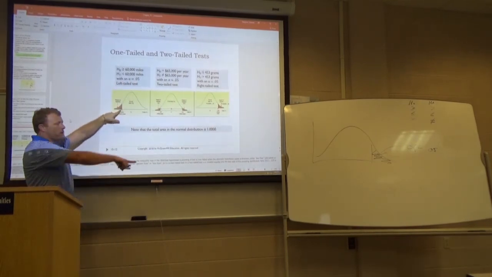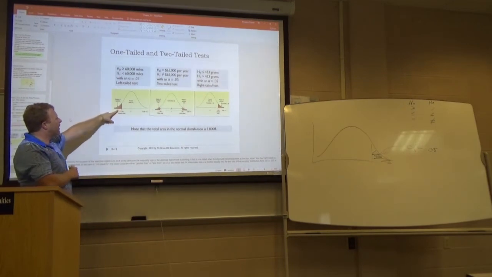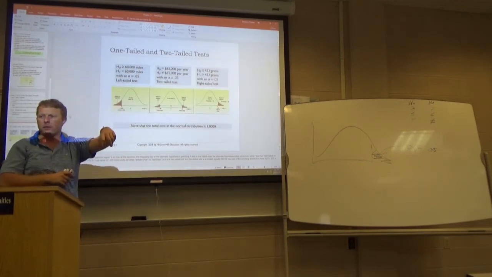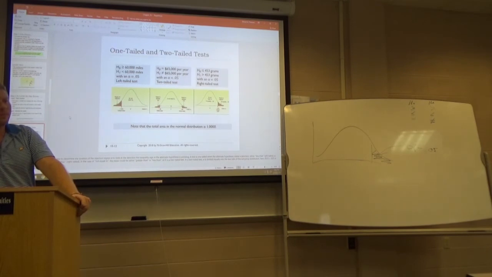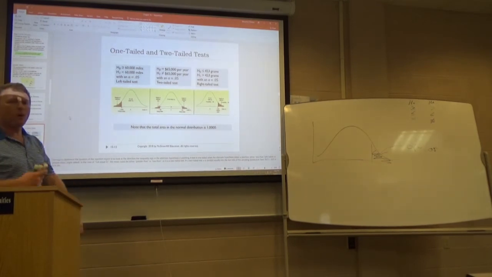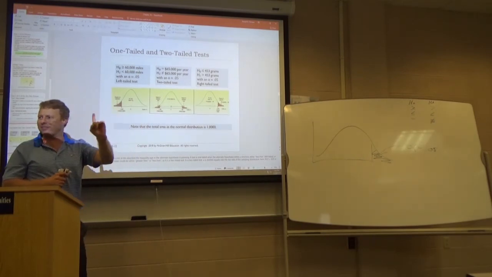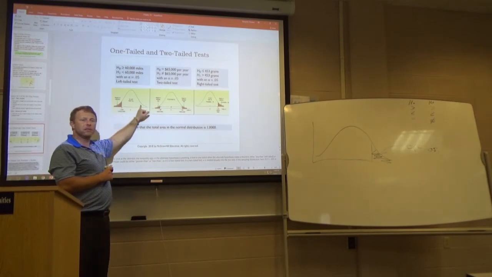Now, why in this one, remember our example, we had all that data in the front end up there. Why in this example right here do we have our alpha way down here on the left side? Because you're talking, that's less than what you want. Very good. So what we're talking about is if our null hypothesis is correct, our z-value is going to fall up here, isn't it?